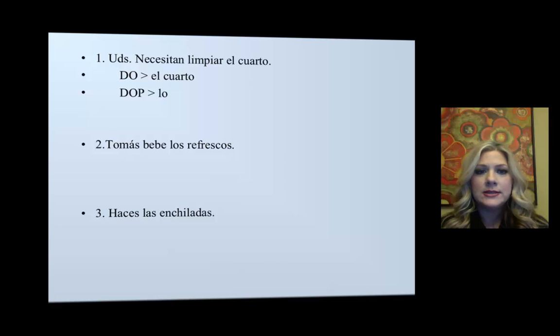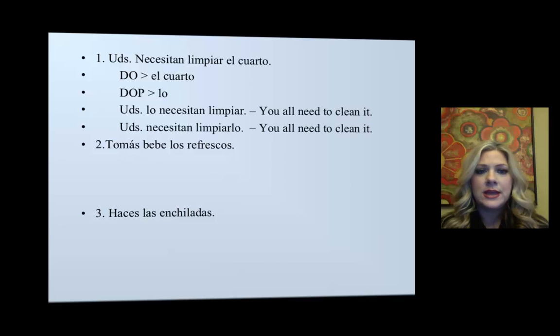And then we put it in a sentence. So it's ustedes lo necesitan limpiar or ustedes necesitan limpiarlo. You have two options because you have two verbs. We can always put it before the conjugated verb, but we can also attach it to the end of an infinitive, an AR, ER, IR.